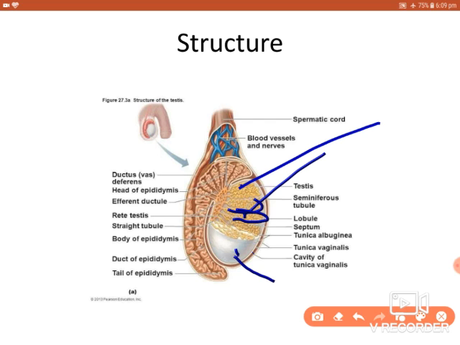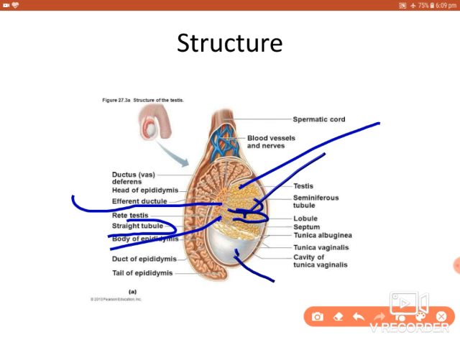Then posteriorly, the seminiferous tubules converge to form straight tubules. Here you can see the straight tubules. The coiled seminiferous tubules converge into straight tubules, 20 to 30 in number, forming a network at the posterior end, the hilum of the testis. The connective tissue there is dense and is called the mediastinum testis.